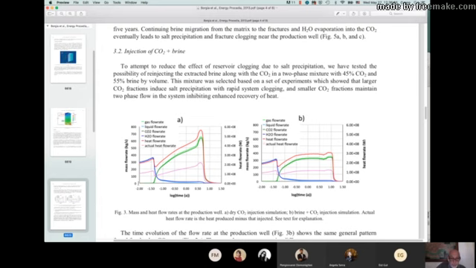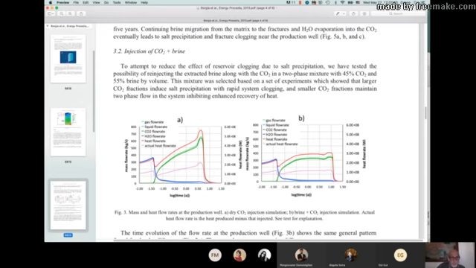So at the beginning, you practically produce no CO2, and as soon as the CO2 starts to flow into your producing well, you increase the production of CO2. This is obvious because the supercritical CO2 has such a low viscosity, you preferentially drain the CO2 out of your system, and your water almost goes to zero.